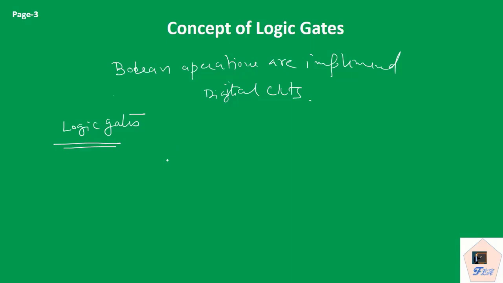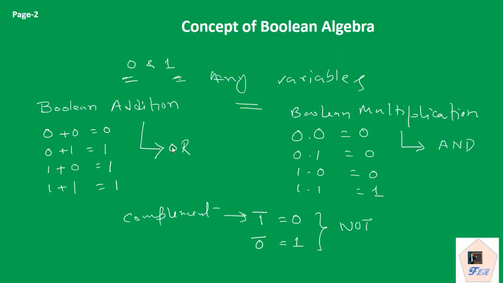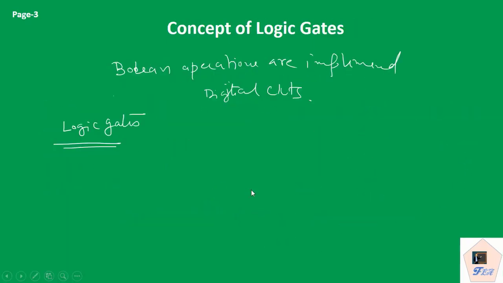Depending on the basic Boolean operations, we can have three different types of logic gates. These are called basic gates. The first one is called the NOT gate.